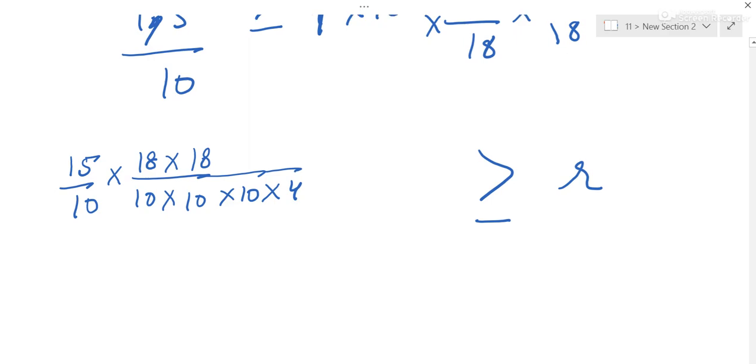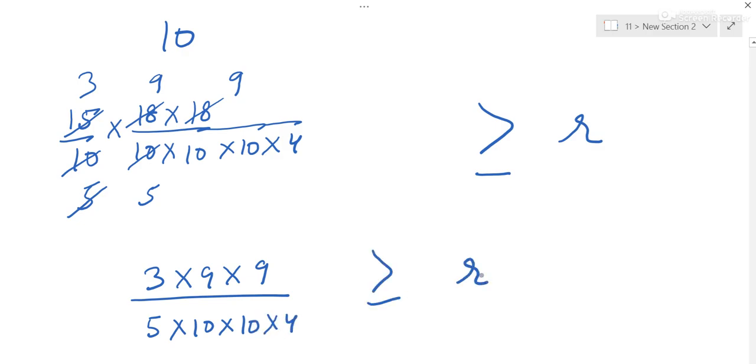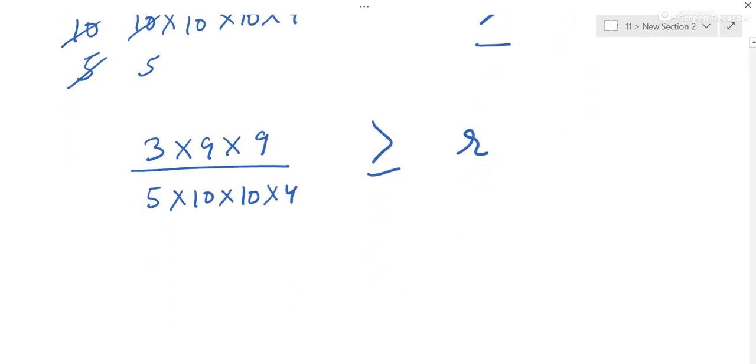Now you can solve. 2 9s are 18, 2 5s are 10, 5 3s are 15. Similarly, 2 9s are 18, 2 5s are 10. Then I think that's all. Now 3 into 9 into 9 divided by 5 into 10 into 10 into 4. You solve it and check what the value is.